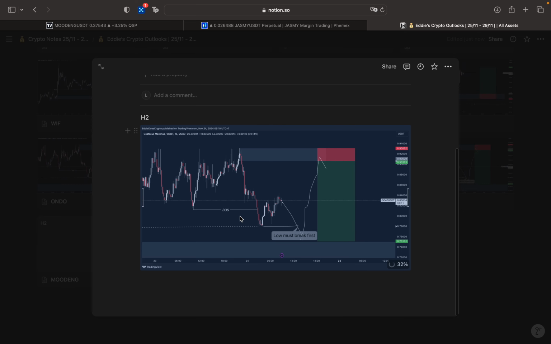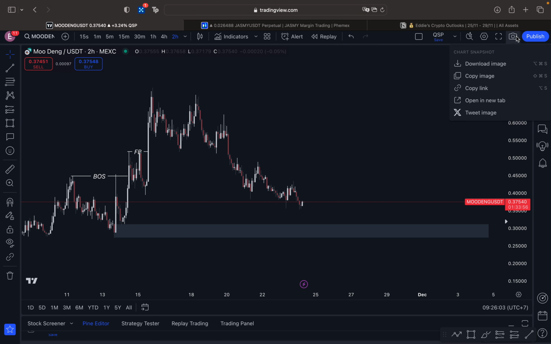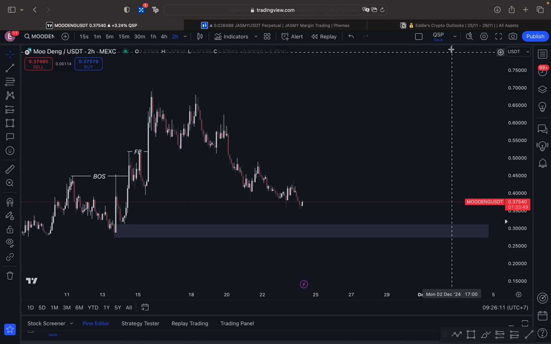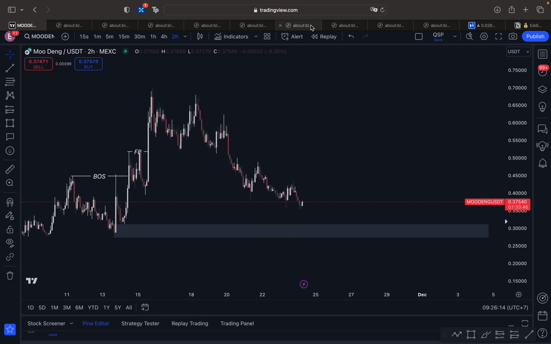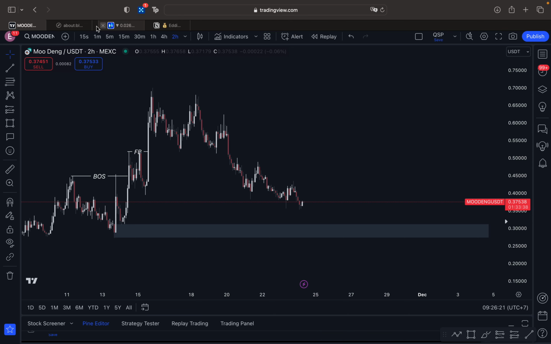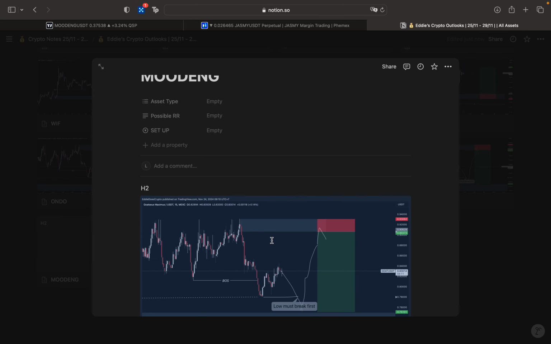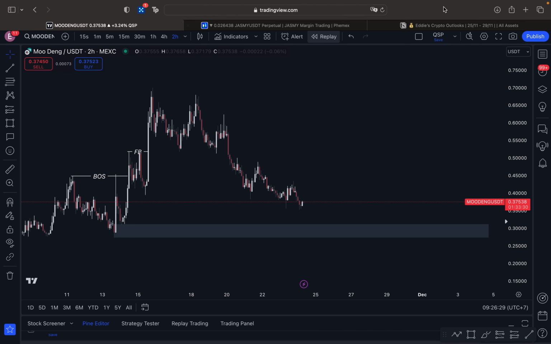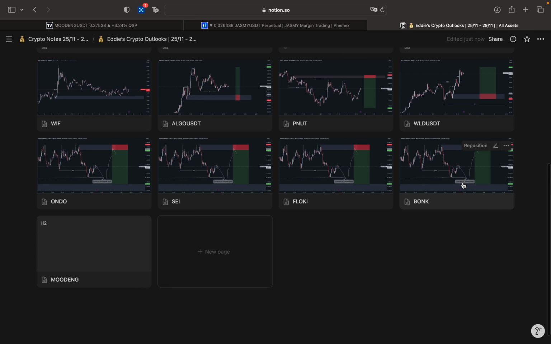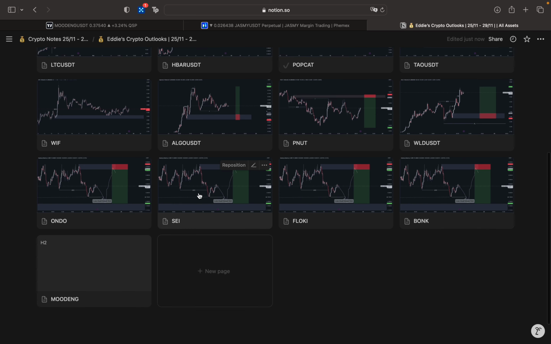Why is it giving me this? Wait. Copy image. Why is it blocked? Okay, for some reason it's not working. That's alright. Wait, is that doing that to other pairs as well? Oh, it has.